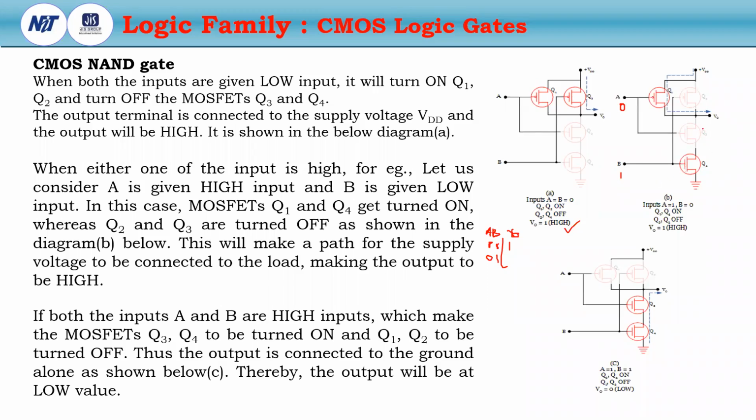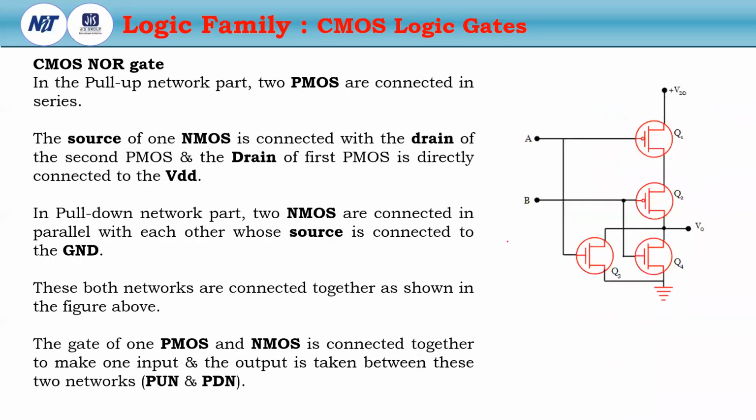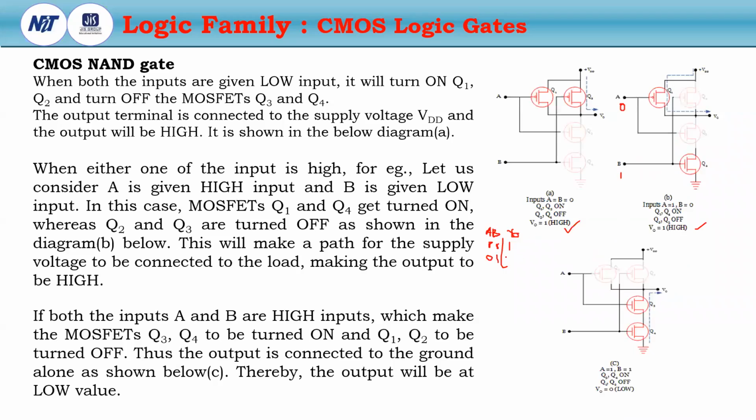So this path is open circuited. Then VCC will transfer to V0 through Q1, so we will get logic 1. So if the input is 0, 1, then we will get logic 1. Now suppose the input is 1, 0.